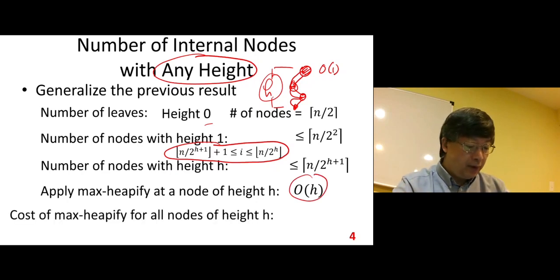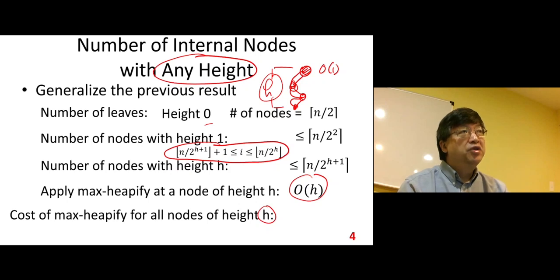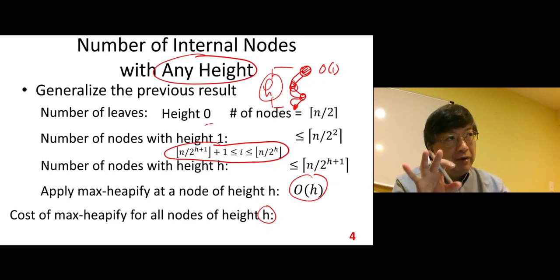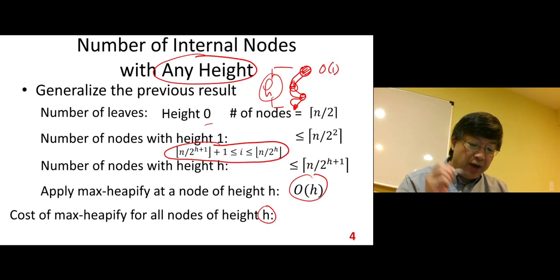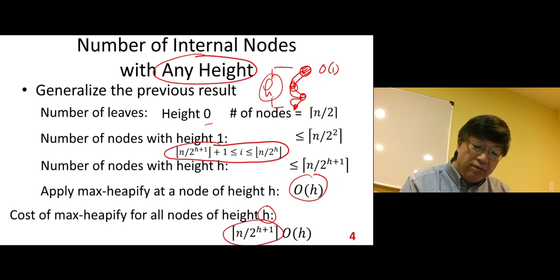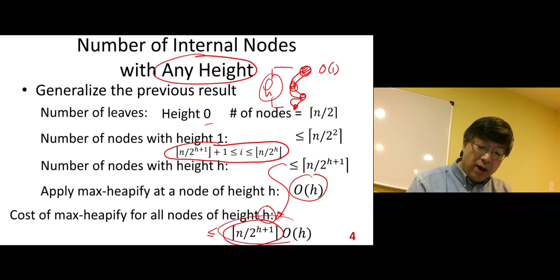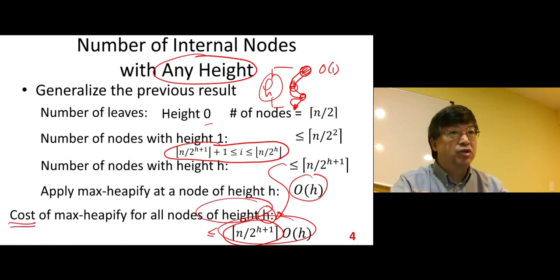Next, the cost of max heapify for all nodes of height h: you just count the number of nodes with this height and do multiplication. So that expression is this. Because the number of nodes expression is less than or equal to, we get an upper bound for the cost of max heapify on all nodes of height h.